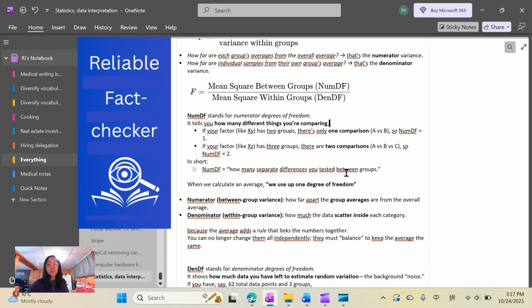Yeah, I think it's going to take me weeks to understand. Hopefully only days. If your factor, like XZ, has three groups, there are two comparisons, so the degree of freedom is 2.